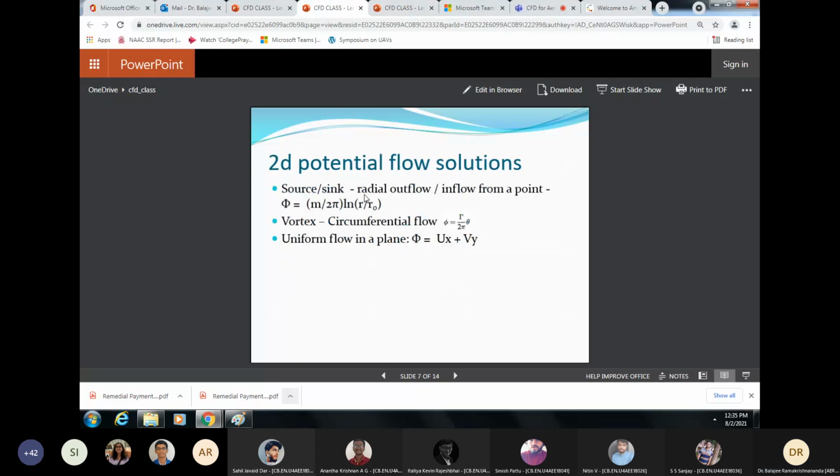So this function phi, you now can have very many elementary flows which satisfy the Laplace equation.